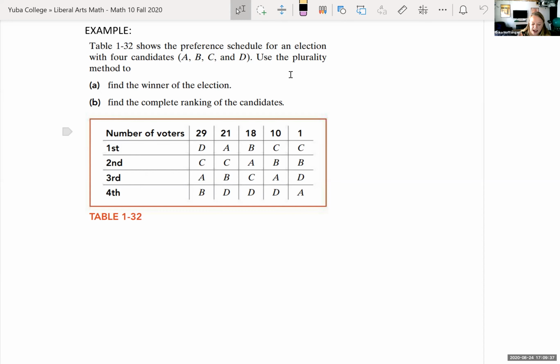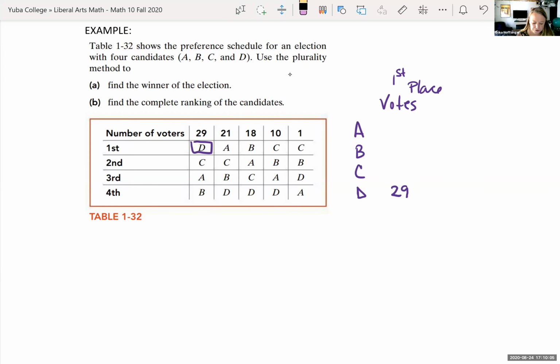Okay, so we have 4 candidates again, right? We have candidate A, B, C, and D, and the number of votes. If you look at first place, 29 chose D here, so let's give them 29 votes for first place.